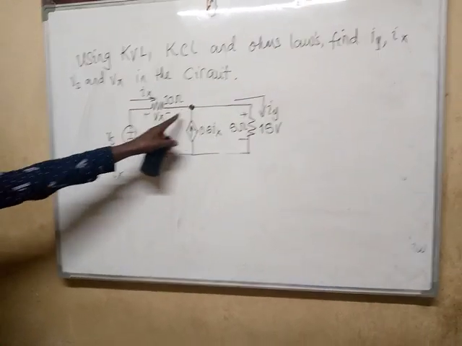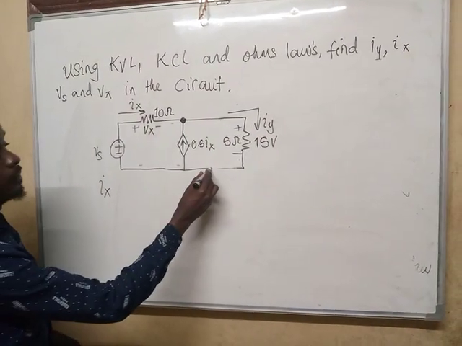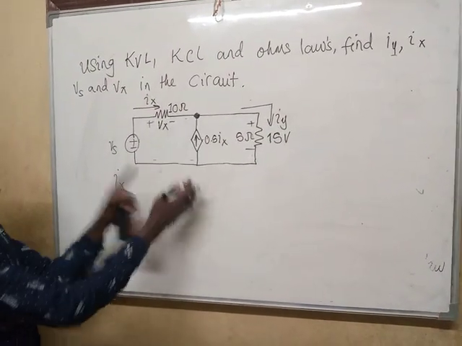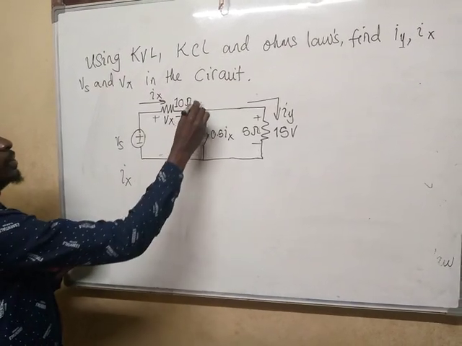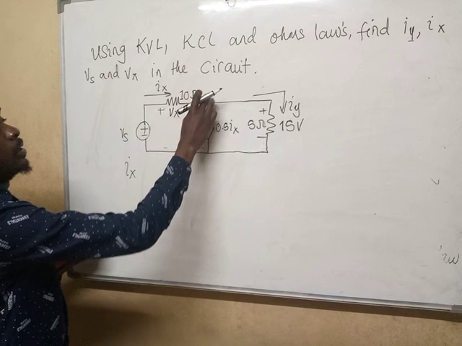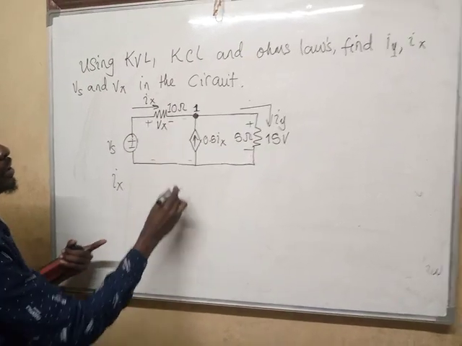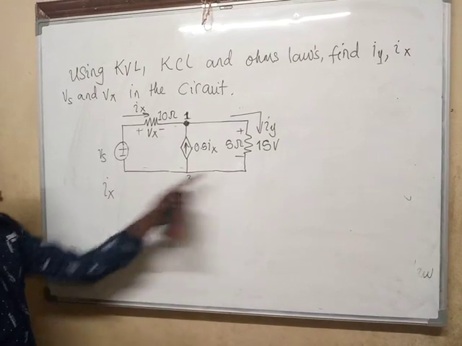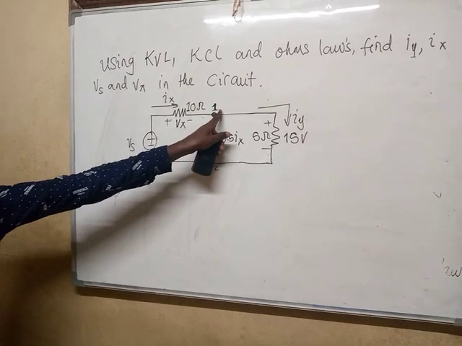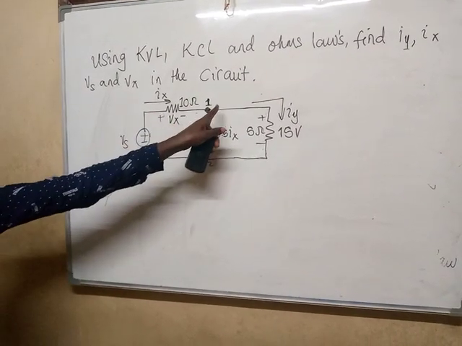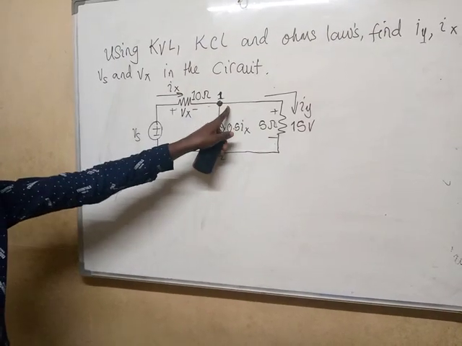We have the current Ix entering this node, then we also have this current entering the same node. So we have two currents entering this node. Let me put this as node 1.